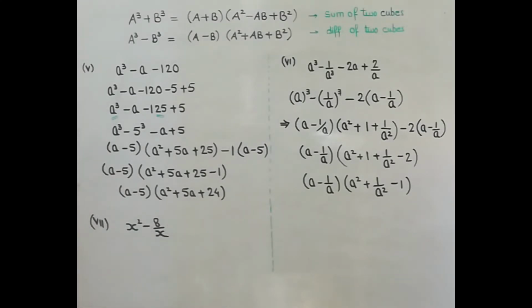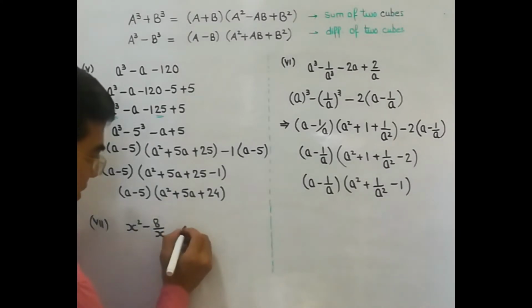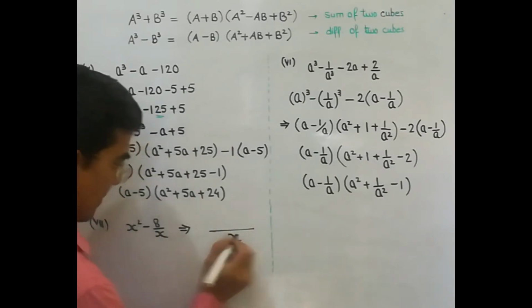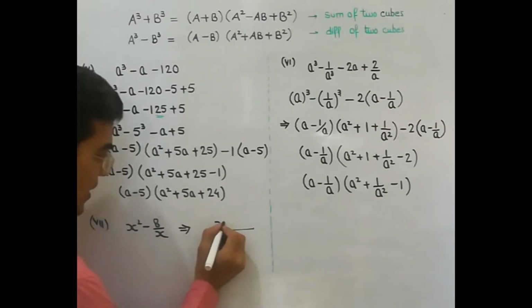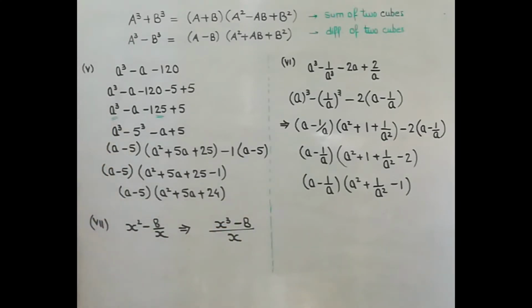See this question, x square minus 8 upon x. Now in this question, what we will do, our first step, we will take LCM over here. Now as we take the LCM over here, this is x cube, this is minus 8.